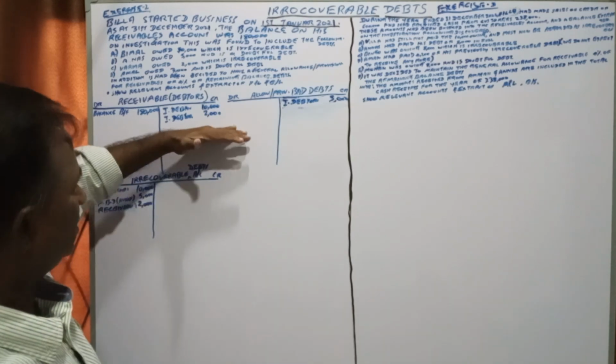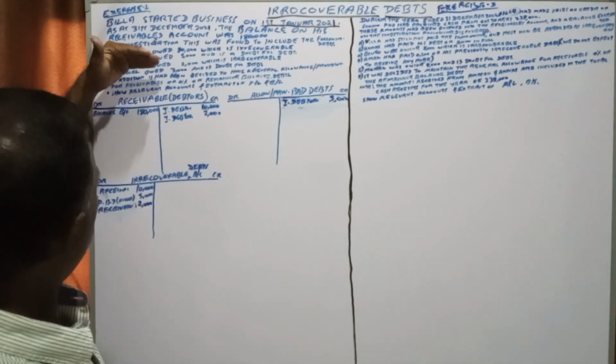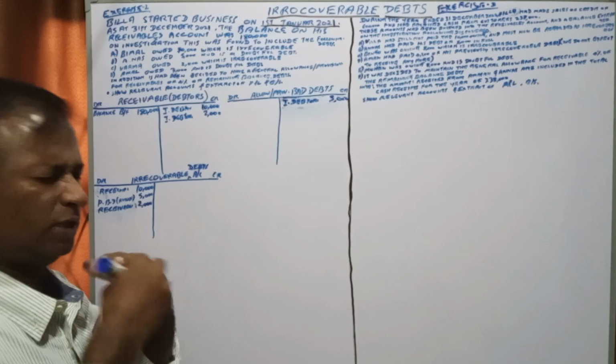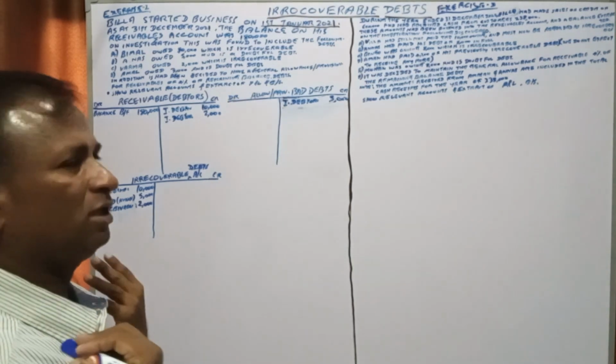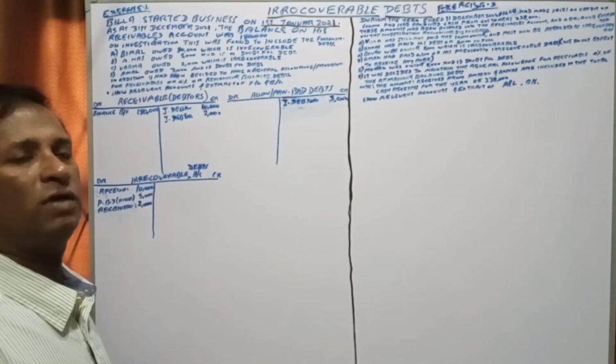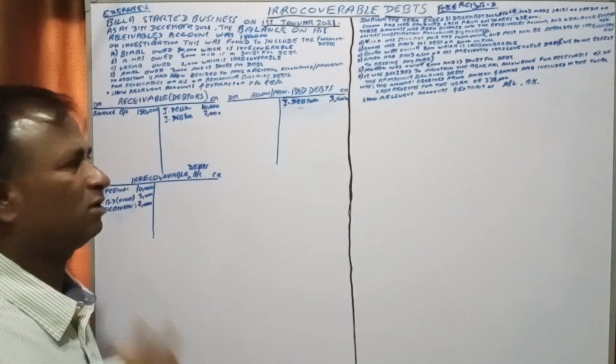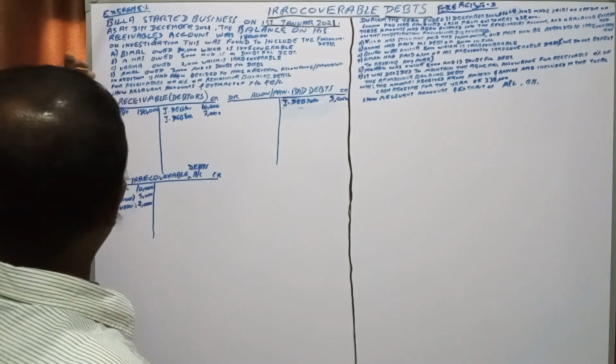Right, understood? Varma owed 2,000, which is irrecoverable. We come to the conclusion that we cannot recover it, based on some facts.